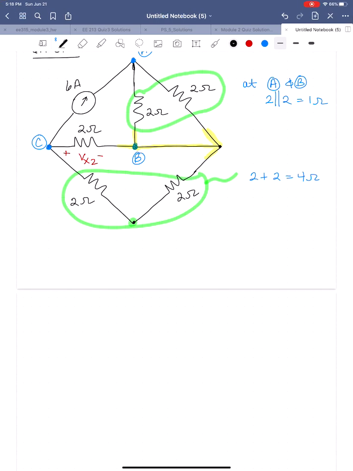So I'm going to call this node A here, and this node B. And B, let's do it on the outside. And this node B. All right, so between A and B, we have this 1 ohm parallel combination connected.